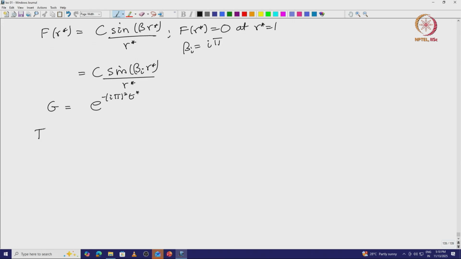Therefore, the total solution for the temperature field is equal to the summation, in general, I is equal to 1 to infinity of c sine of I pi r star by r star e power minus I pi the whole square t.